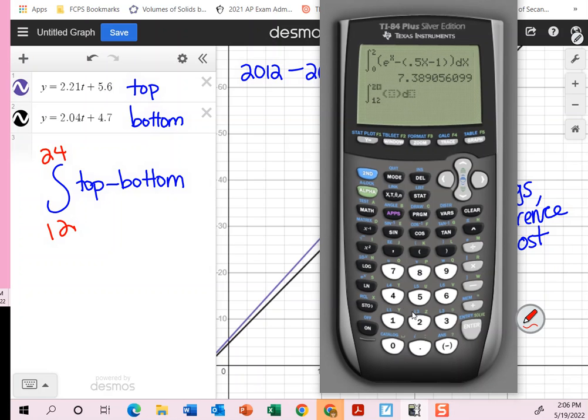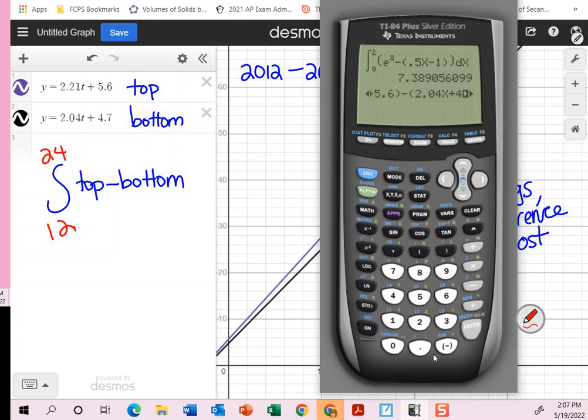If we're doing this on the handheld, 12 to 24 and 2.21. Now I'm going to just use X because on the graphing calculator, that's an easier variable to get to. It's the default variable on this key. So you can do anything in terms of X. It doesn't really matter what variable it's written in. You'll see that happens a lot with me when I use the graphing calculator.